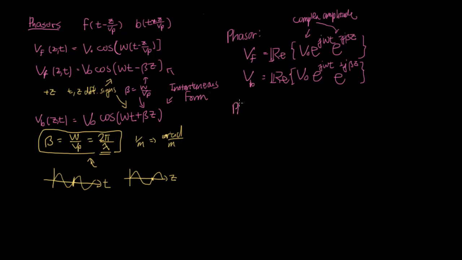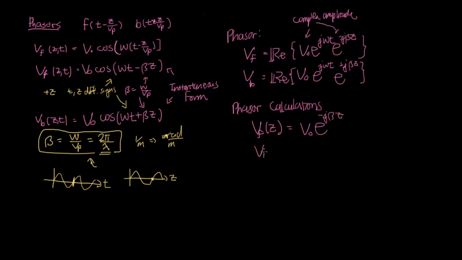So for phasor calculations, all we're going to do is ignore the whole process of taking the real part and having the e to the j omega t. We're just going to focus on the part that actually changes for a fixed frequency, namely this complex amplitude. So for the forward propagating wave, we're just going to set it as a function of z, and keep track of V naught e to the minus j beta z.